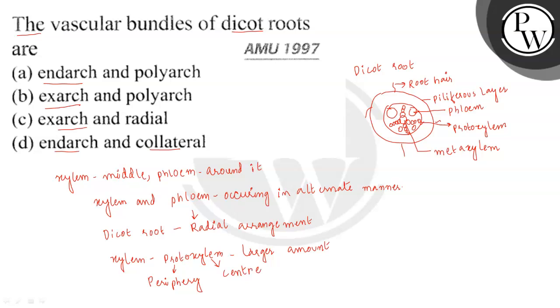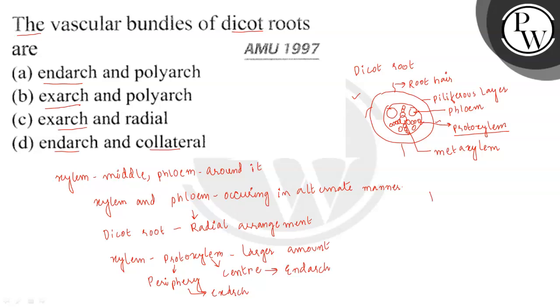So अगर ये periphery में present होता है, so that xylem is referred to as the exarch, whereas if the protoxylem is present on the center, it is known as endarch. अगर हम ये dicot root का structure देखें, we see that the protoxylem is present on the periphery.